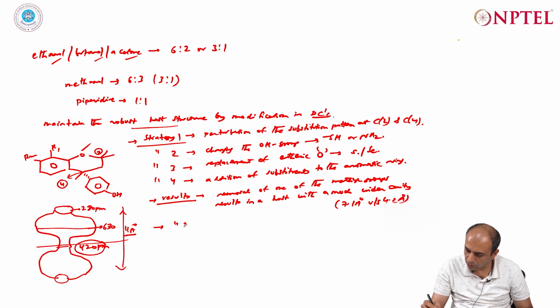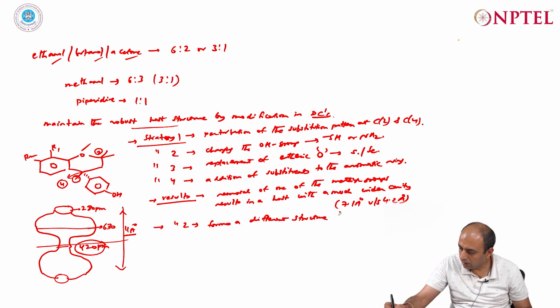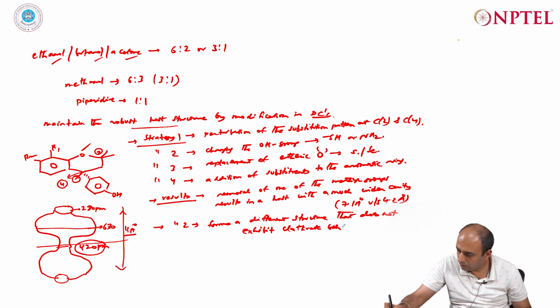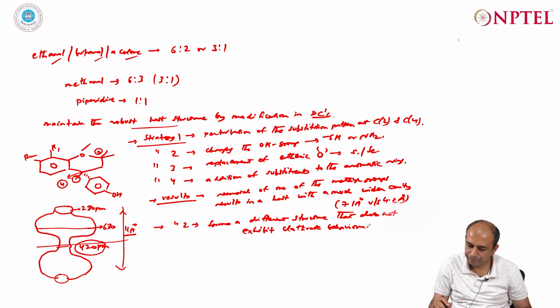According to strategy 2, if you now replace this particular methyl group here, it forms a different structure that does not exhibit clathrate behavior.